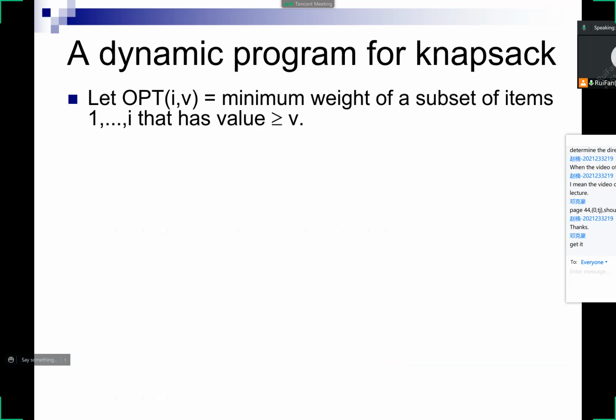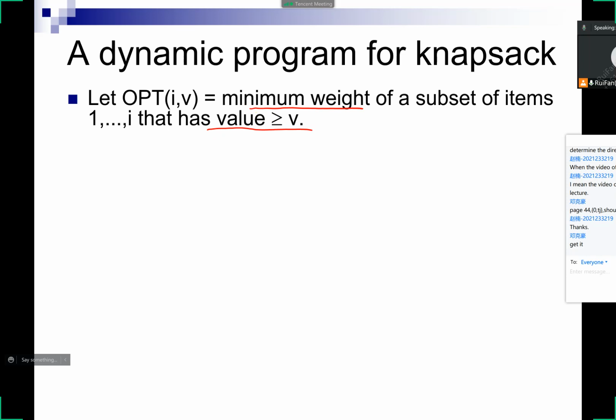There's a dynamic program to solve the knapsack problem. We talked about this, but let's remind ourselves how this dynamic program works. We're going to look at the dual to this knapsack problem. Normally we're trying to maximize the value, but now the dual is that we're trying to minimize the weight, assuming that your items have value at least V. It's somehow easier to look at the dual than the original problem.